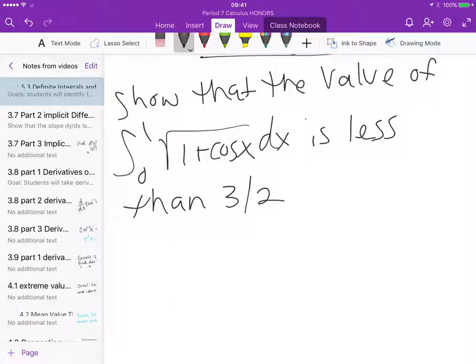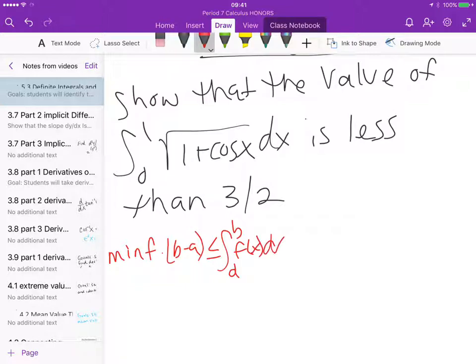This is using our focus of the max and min inequalities, in which it was stated that the min of f times b minus a is less than or equal to the integral from a to b of f of x dx, which is less than or equal to the max of f times b minus a.